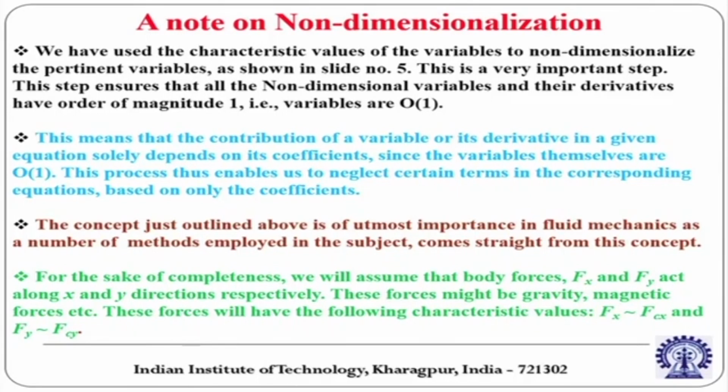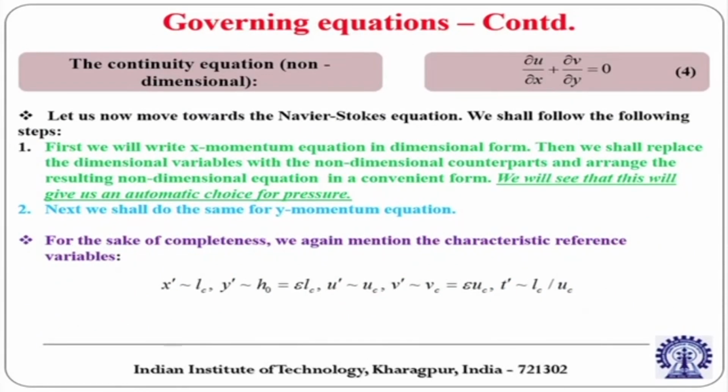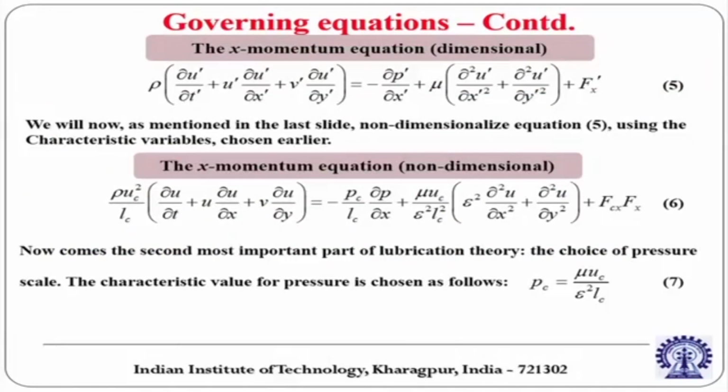For the sake of completeness, we will assume that the body forces Fx and Fy act along x and y directions. These forces might be gravity, magnetic field, electromagnetic effect, whatever, and the characteristic scales are Fcx and Fcy. I will not go through all the details of the governing equations because these have already been worked out.